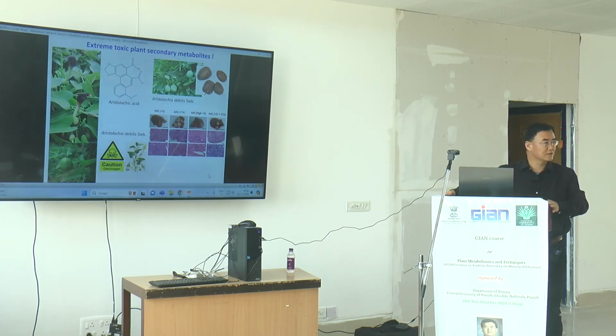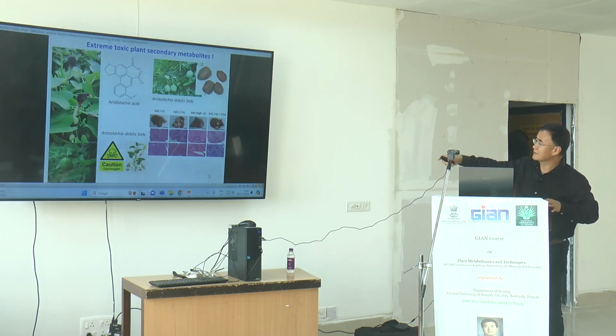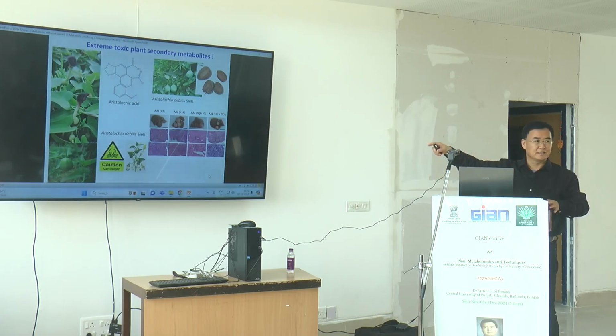Less than 10 years ago, in Singapore and I think Malaysia and Thailand, they identified this compound as a major carcinogenic compound. I think it can cause DNA nucleotide mutation, I think from A to G. Yes, you call it DNA mutation.